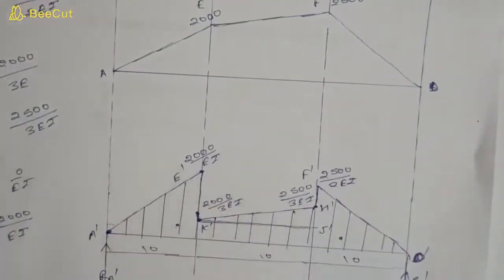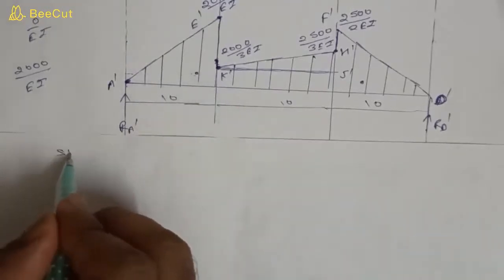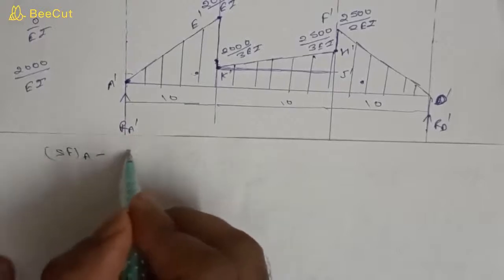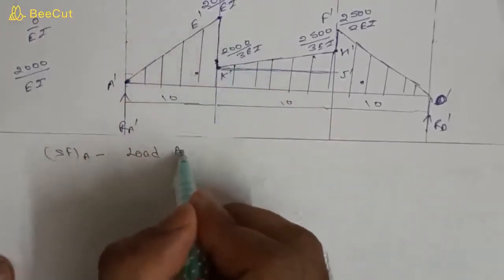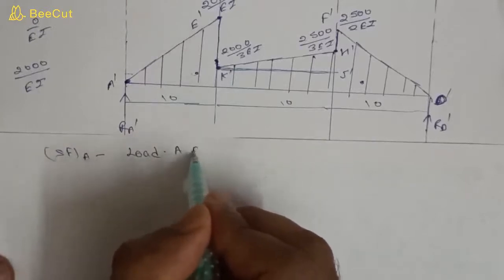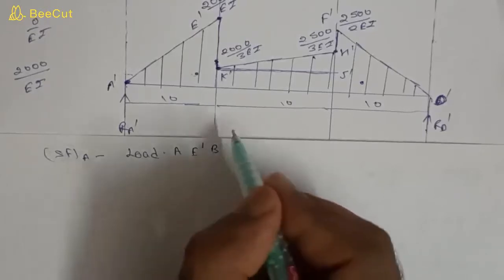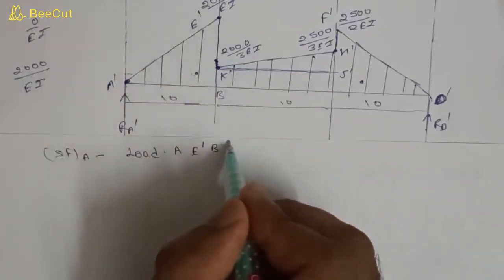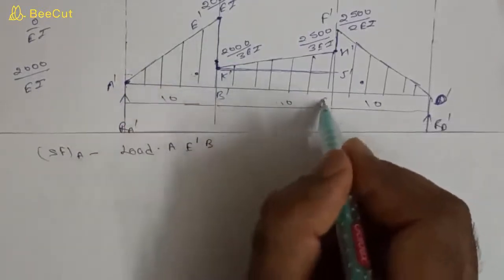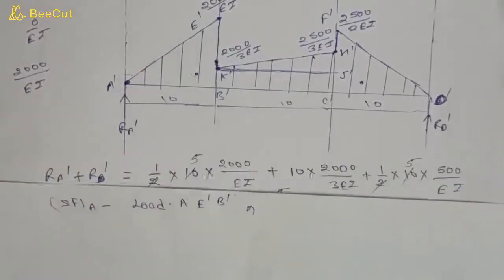Okay, so shear force at this point will be shear force at A minus load, this load A E dash B. Okay, suppose this is B dash, this is C dash. So we will get shear force at A is equal to RA.